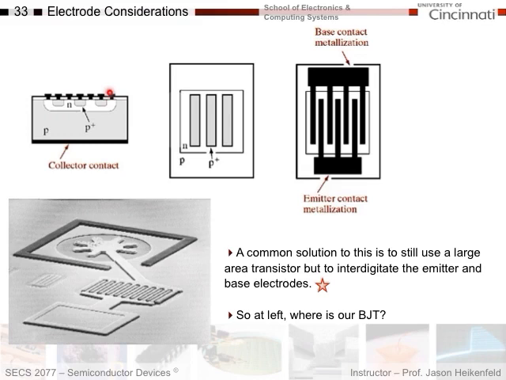So where's my BJT in this device? Well, if you look at it, you can tell here's the interdigitation, here's my BJT. I've got here basically one of these is my emitter contact. I'm guessing that maybe this is the emitter contact and this is the base. And this could be my collector contact that goes down into the substrate and makes contact that way.